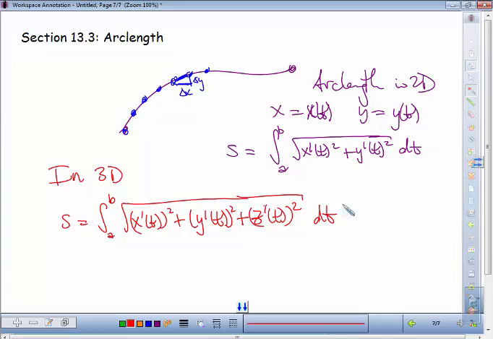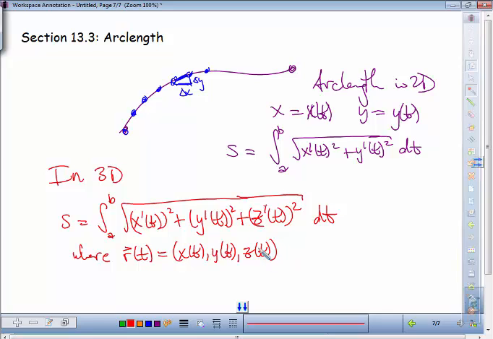But if we stop and think about this for a little bit, does this thing inside of the integral look familiar? I guess I could ask the same question up here. Let me rewrite this a little bit better, where r of t is equal to x of t, y of t, z of t.